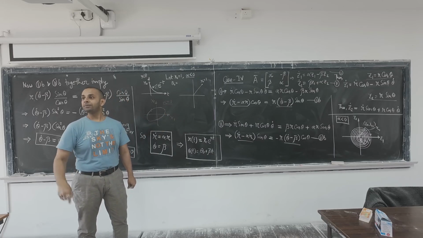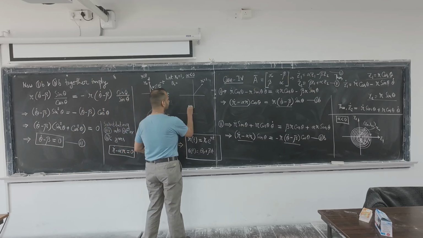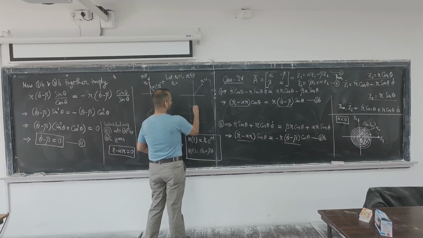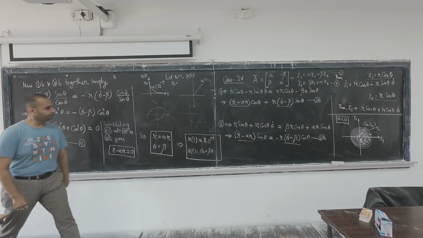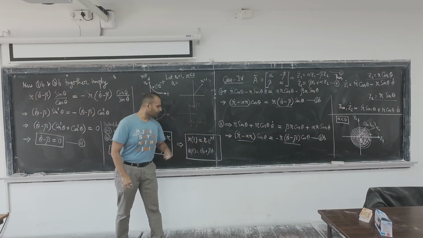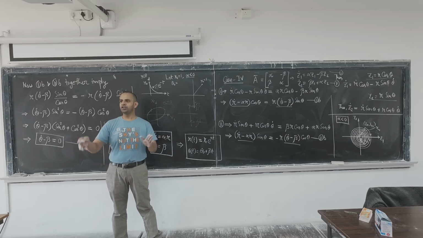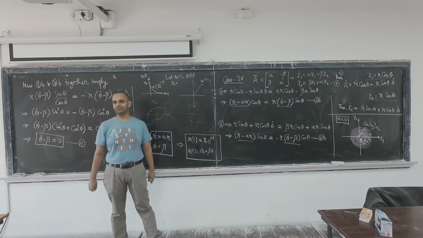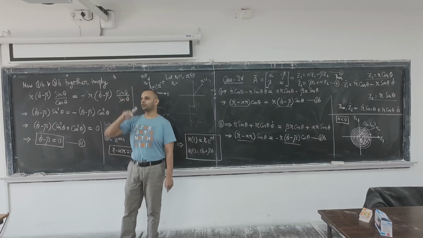It is purely marginally stable, with poles at plus or minus j beta. So if you put alpha equals 0, what would happen? R(t) equals R0. There is no question of a decreasing radius, so you won't get a spiral. It would be only one closed curve.